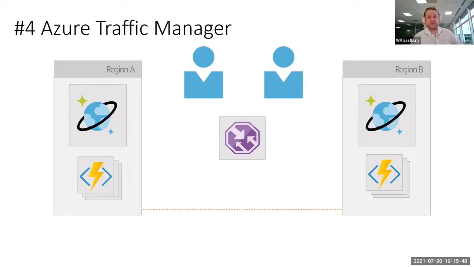And Traffic Manager is DNS based, so you can flip to region A or region B based on weightings or performance or round robin, or you can just return all the IPs if you want, and let the client choose. And you can do that for any connection rather than just HTTP, because it's not a traffic proxy. Okay, so we hit it and then we get routed directly to the backend endpoint, regardless of what that is.